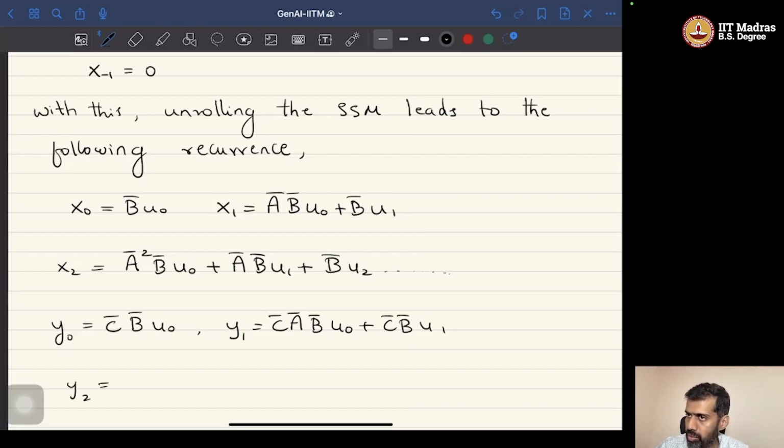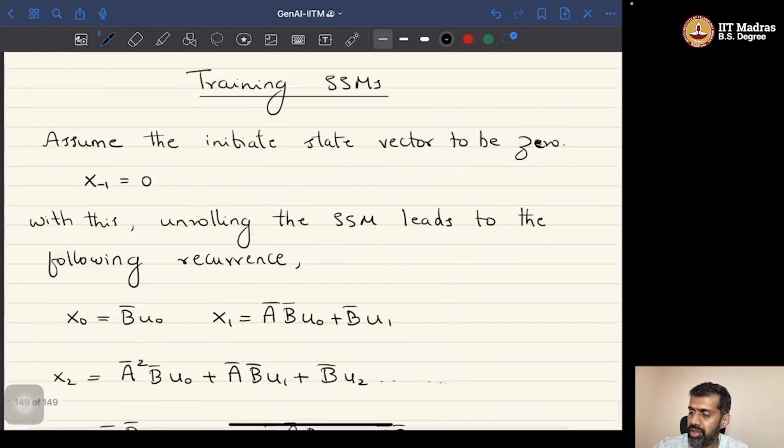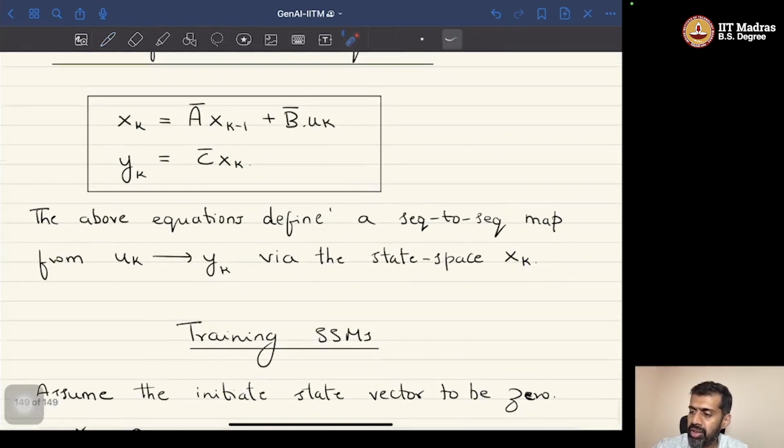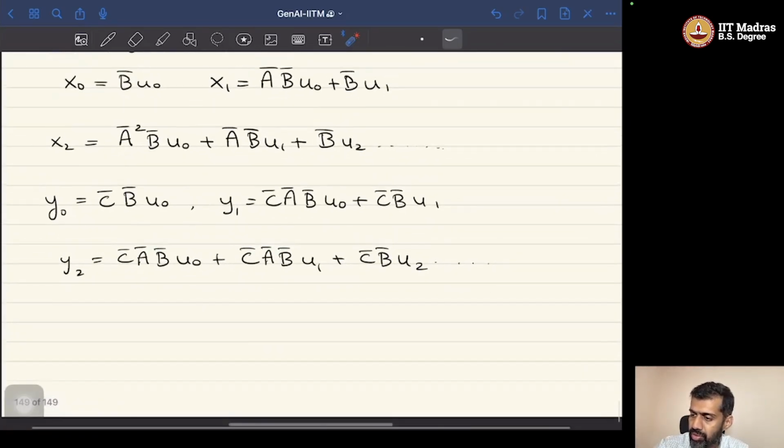Y2 is equal to C bar A bar squared B bar U naught plus C bar A bar B bar U1 plus C bar B bar U2 and so on. So what I just did was plug in particular sequences x1, x2, x3 here and expand this via unrolling. Now this can be generalized as follows.